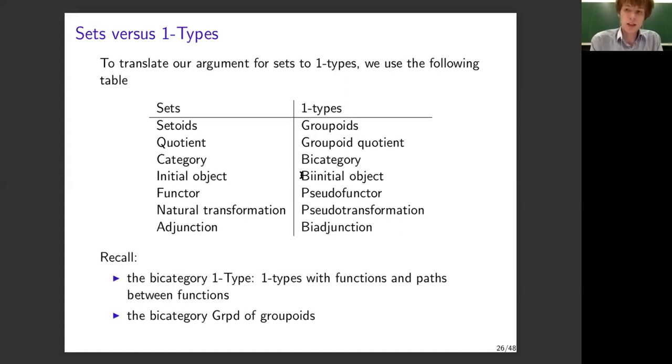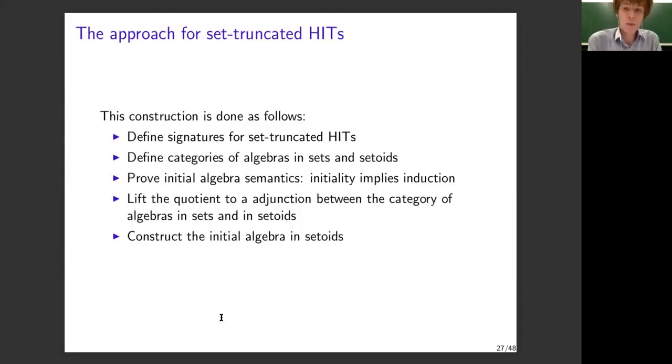Let's also fix some notation for the bicategory of one-types and groupoids. The bicategory of one-types, whose one-cells are functions and two-cells are paths between functions, is denoted by 1-Type. The bicategory of groupoids with functors and natural transformations is denoted by GRPD. To obtain the approach for one-truncated higher inductive types, we take the approach for set-truncated higher inductive types and replace the notions for sets by notions in one-types.